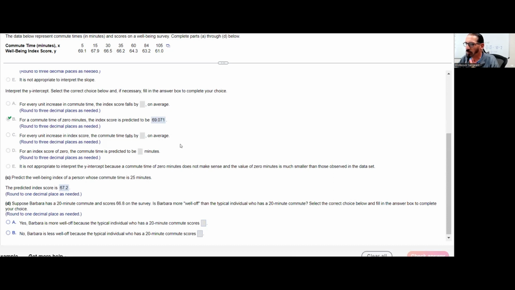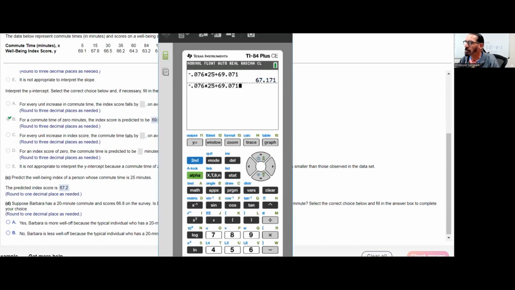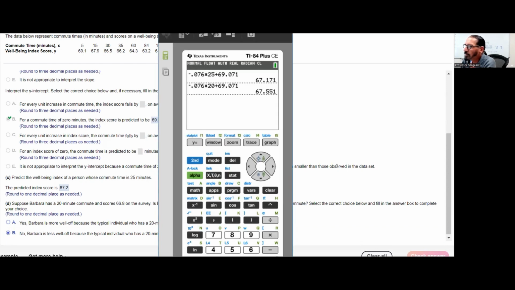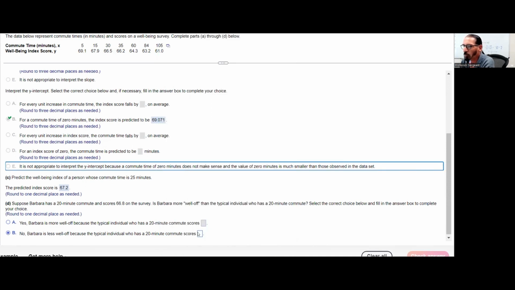Suppose she has a 20-minute commute and scores 66.8 on the survey. The 20-minute commute, that's what would be predicted. 66.8 is lower, so she is less well off, because a typical individual on average would be scoring 67.551.